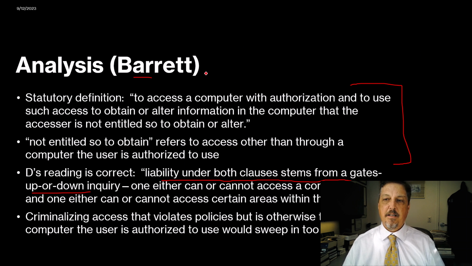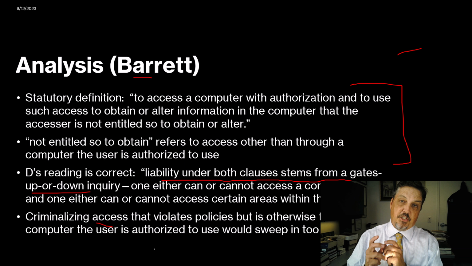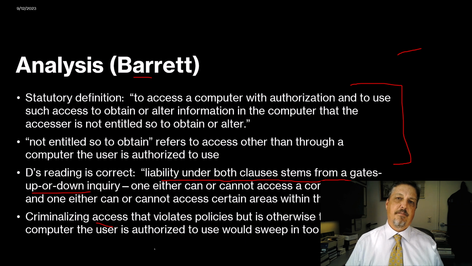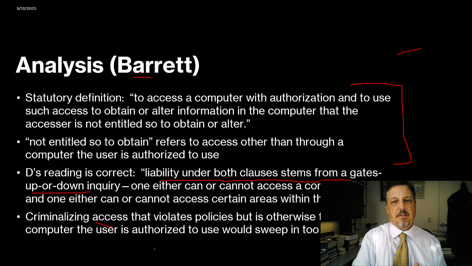And even though Barrett is a textualist, she still looks at policy considerations beyond the language of the statute and basically takes the line of those circuit courts that had rejected policy-based violations of the CFAA, who said, look, there's all kinds of terms of service restrictions that people don't even know exist that they might be violating.